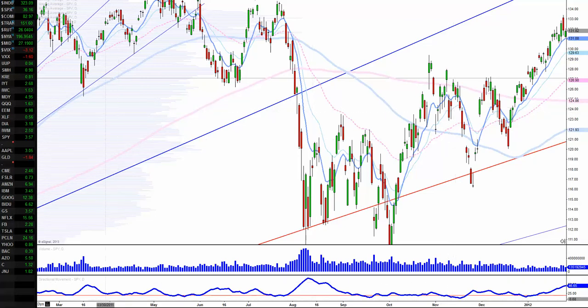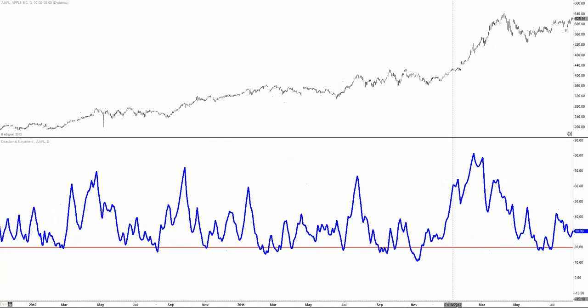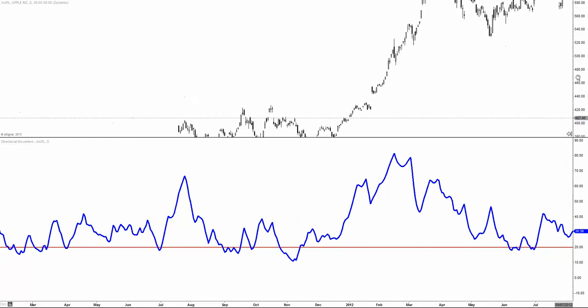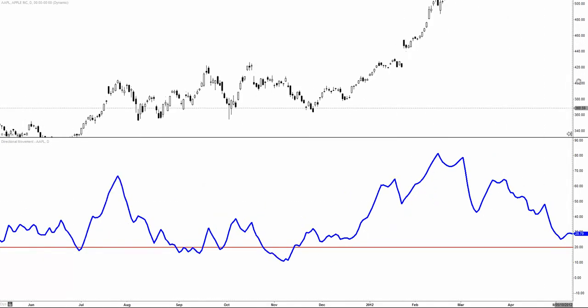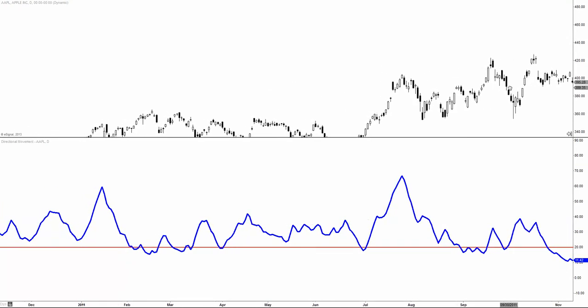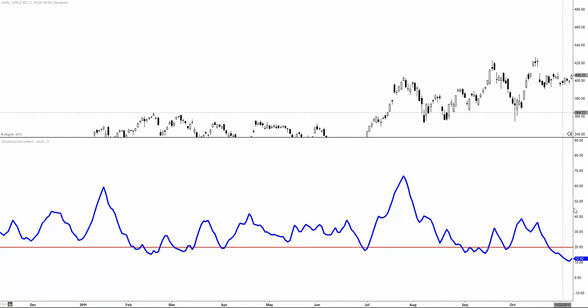Let's go back to ADX, November 9th, 2011. This was a coming down point right here. You can see it was holding up, and ADX was pretty low, around 10, and that was November 8th, 2011.